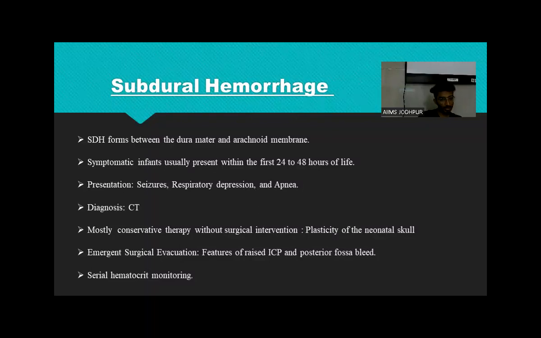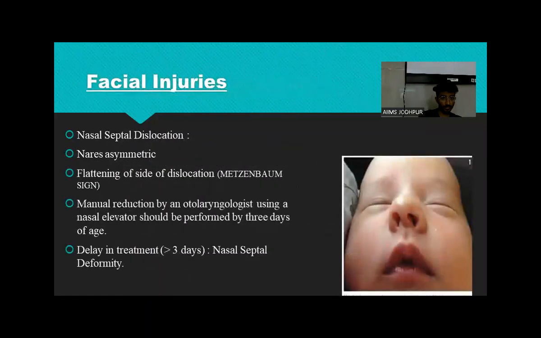But emergent surgical evacuation is needed in case of features of raised ICP, and in case of posterior fossa bleed, as the posterior fossa lacks this plasticity. Serial hematocrit monitoring should be done in view of shock.